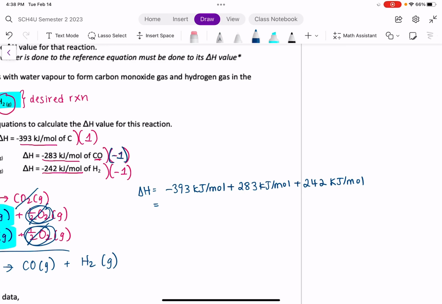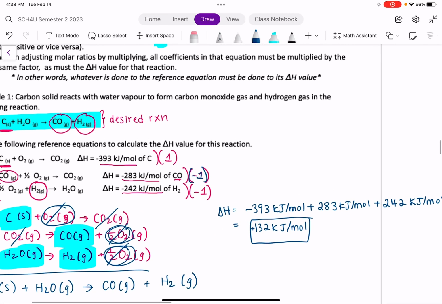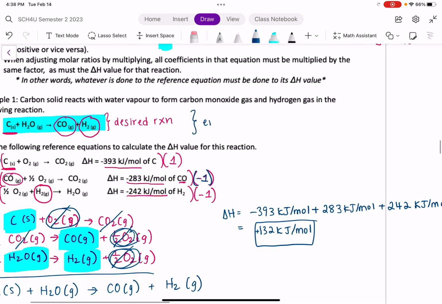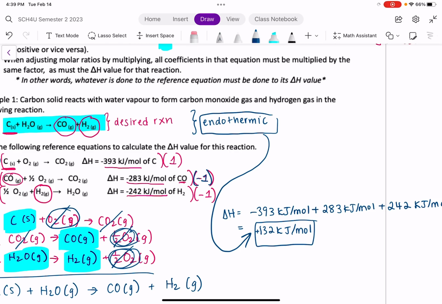So adding this all up will give me 132 kilojoules per mole. Okay, so negative 393 plus 283 plus 242 is 132 kilojoules per mole, positive 132 kilojoules per mole. So this reaction here is an endothermic reaction because my delta H is a positive value.